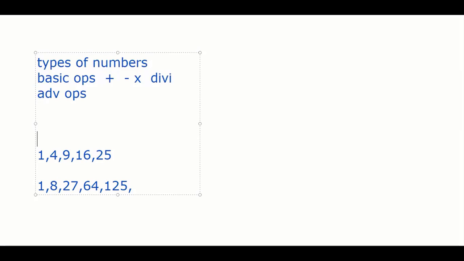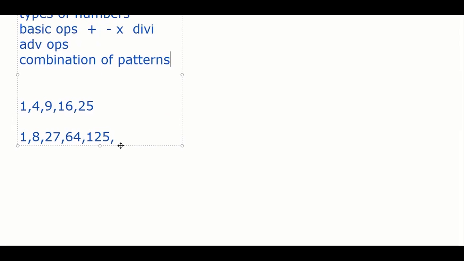For example, this is a combination of patterns. If I write a series 0, 3, 8, 15, 24, obviously you see that this has two patterns.